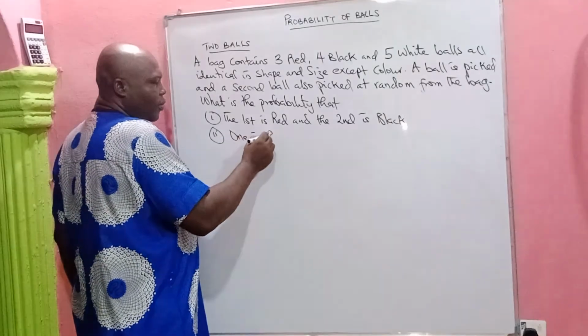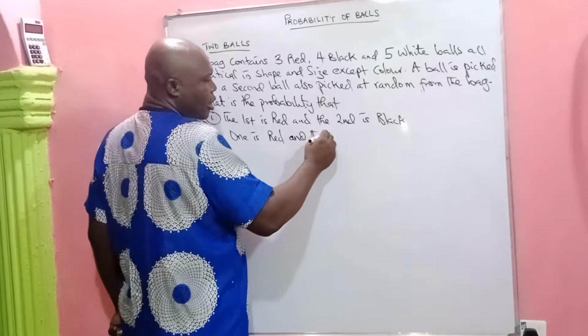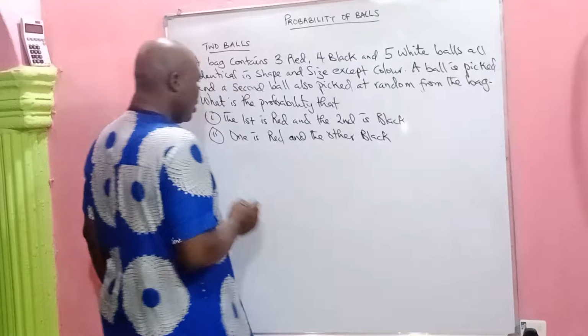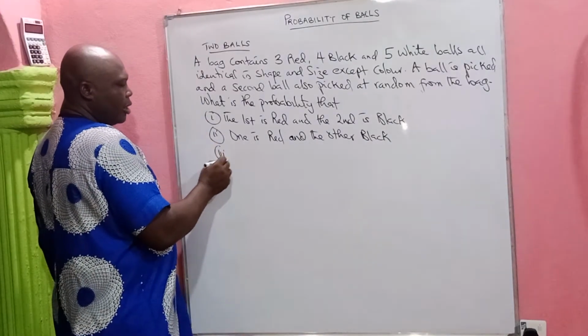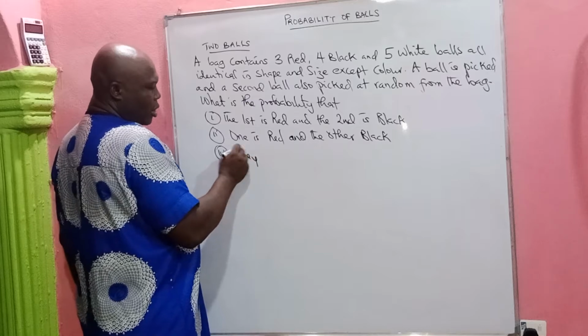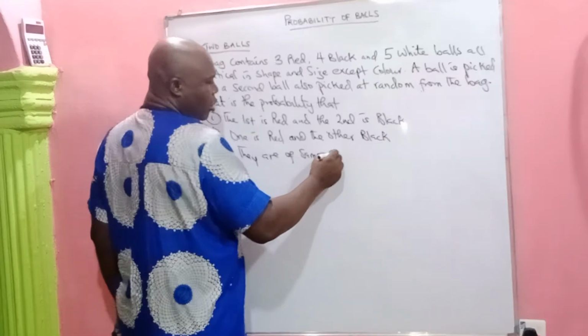What is the probability that one is red and the other black? They are of same color.